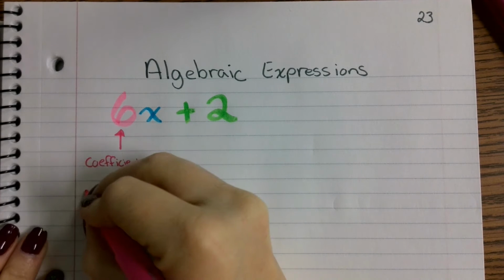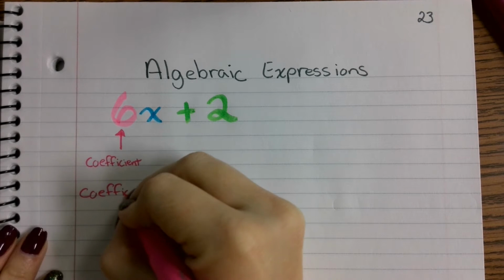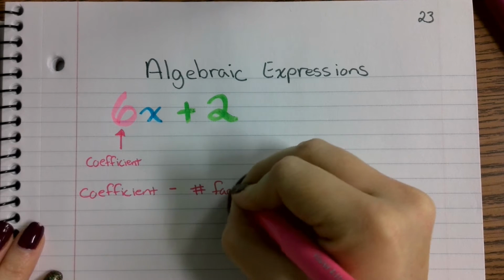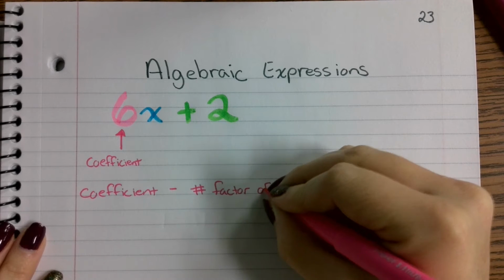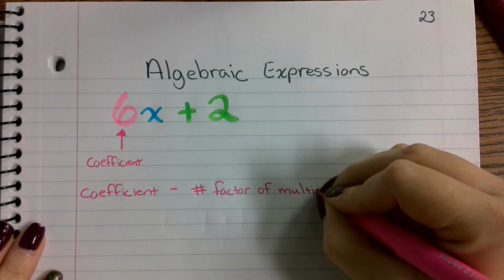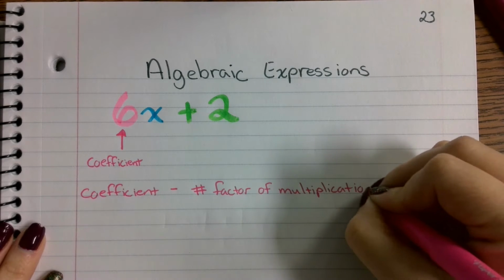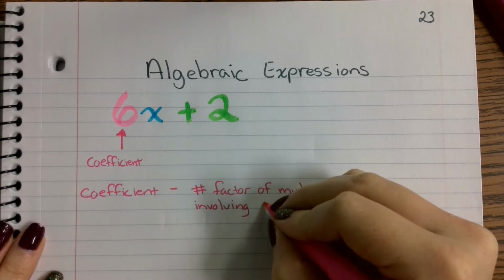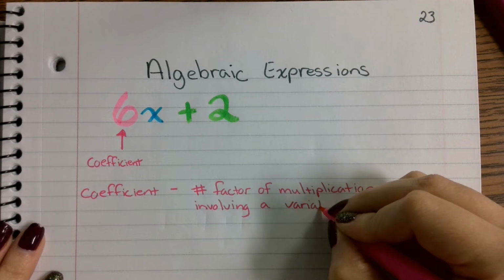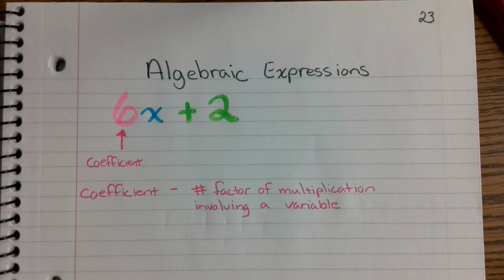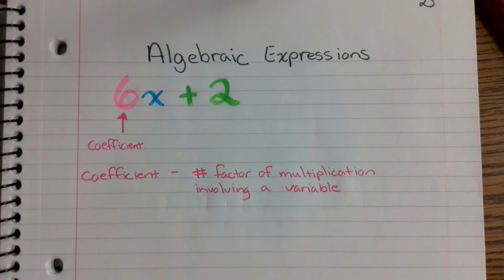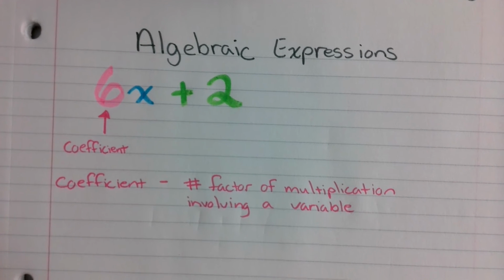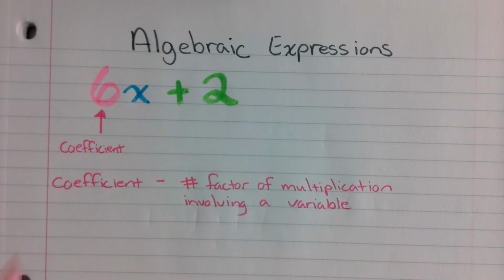Your coefficient is a number factor of multiplication involving a variable. It is the number factor of multiplication. So you have a multiplication problem. You have a number times a letter. That number is called your coefficient.